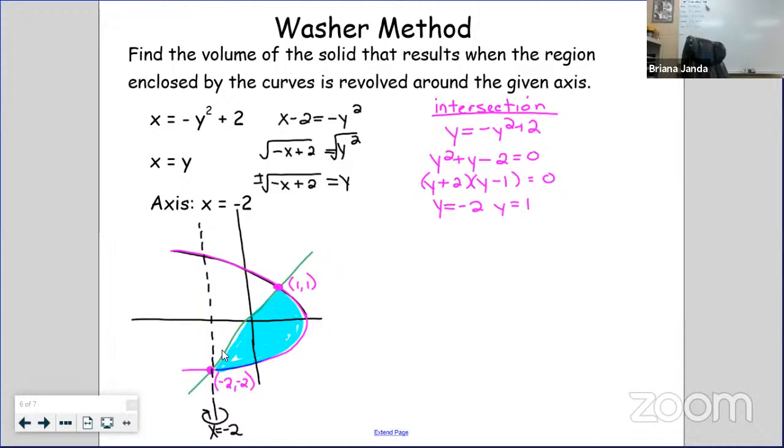Okay, so again, if I consider flipping this shaded region over that line, we would get this picture here where my washer will be connecting again my outer function circling that axis of revolution, and my open hole will connect those middle lines.